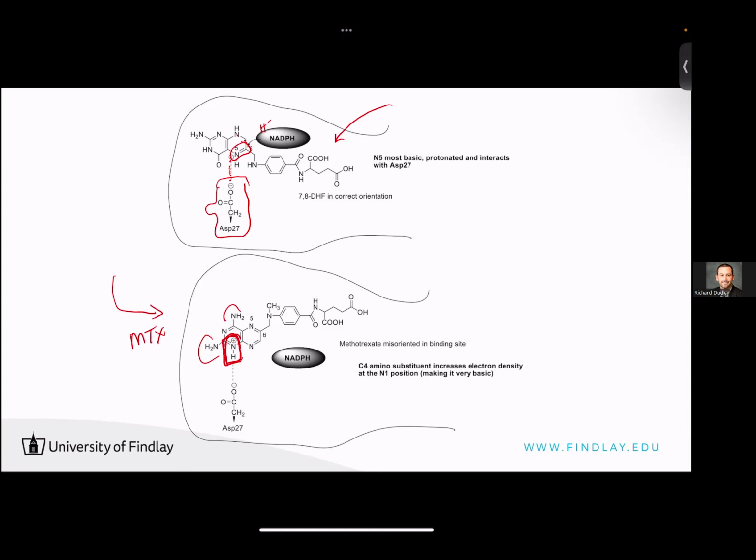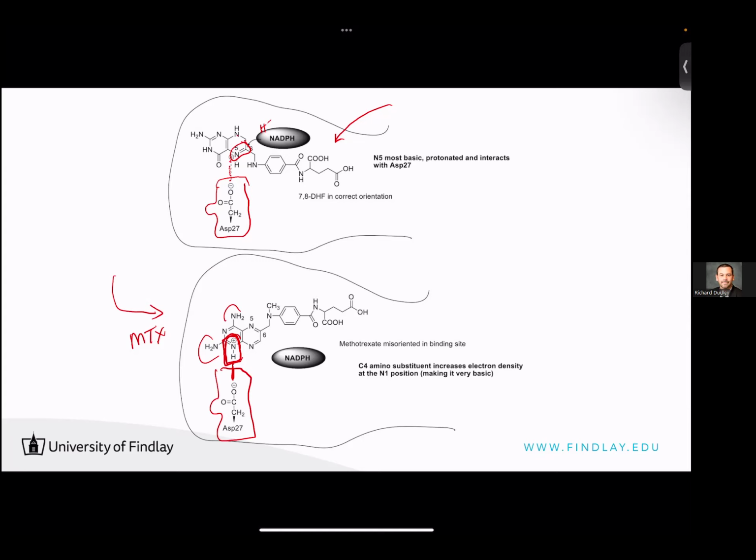The N1 position in the tyrosine ring system ends up being the most basic position in that ring system. Since it's most basic, it's going to grab onto a proton and bear a positive charge, which allows for an ionic interaction with the same aspartic acid residue. But you can see that its binding is going to be a little bit different in the enzyme active site.